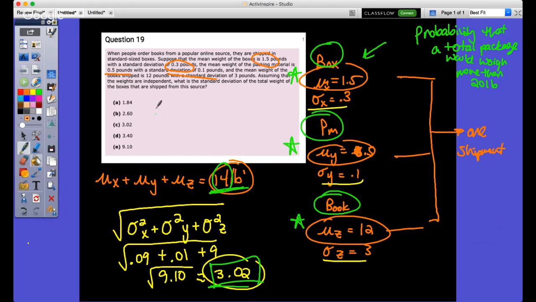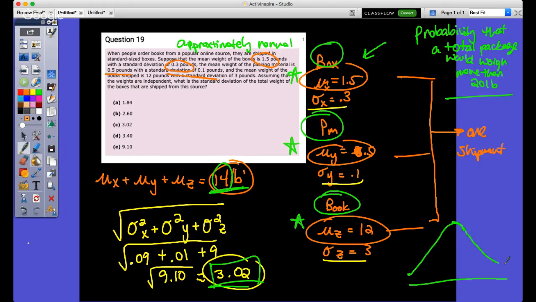So let's say that it states in the problem that it is approximately normal, okay? I'm making this up as I go, but approximately normal. So to find the probability of it being over 20 pounds, we can actually draw a new distribution.